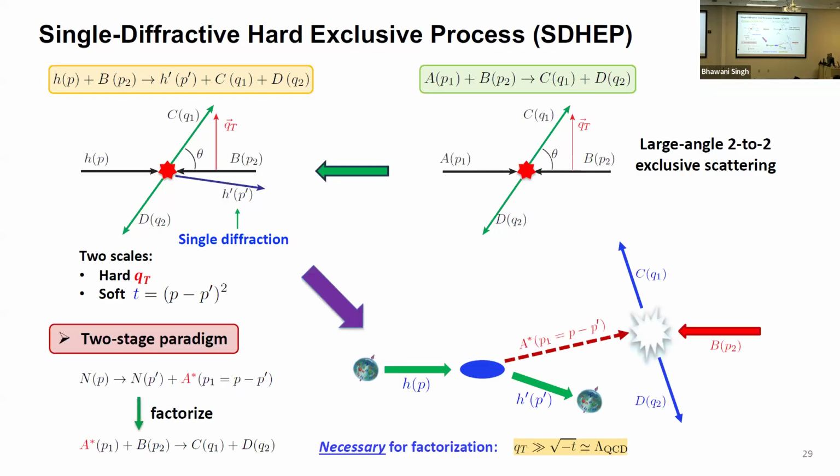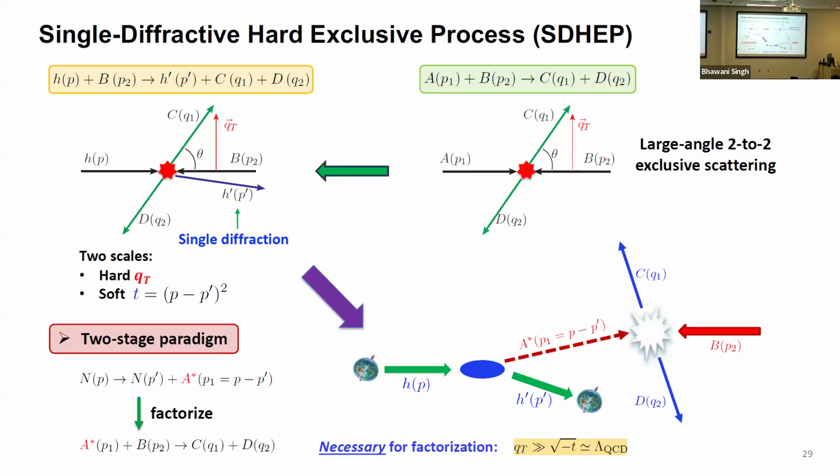We use this picture to think about this kind of process. It has two stages. The first stage is that the diffraction happens first. It gives out a state, which we can call A star. This A star has a low virtuality, but it has a large energy.